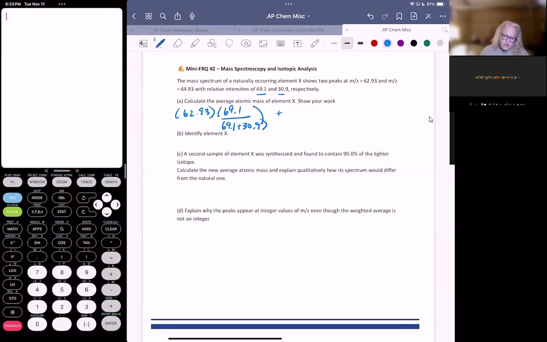And we know that 64.93, we multiply by 30.9 over the total intensity, which is 69.1 plus 30.9.